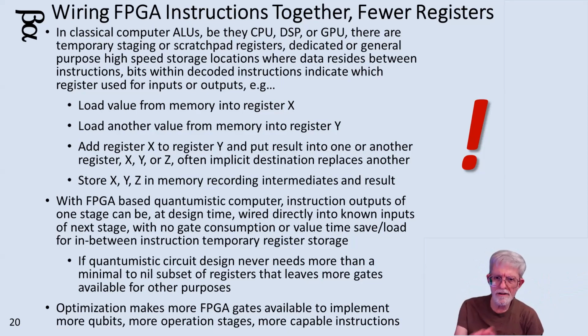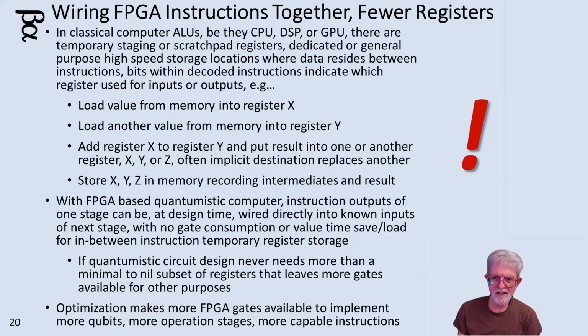You can hardwire it directly, saying this instruction only takes a value from register X and works with the value from register Y, and then puts it in memory or puts it in register Z or back into X or Y. So you can save the instruction processing time and the number of bits it takes up. And if you don't have to load data from registers, that saves you processing time.